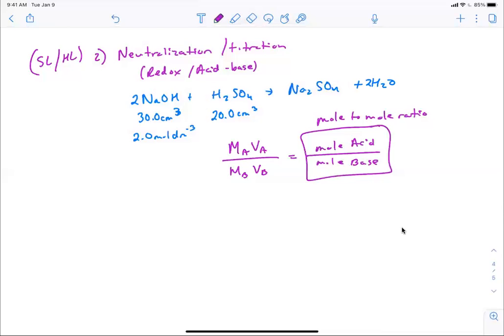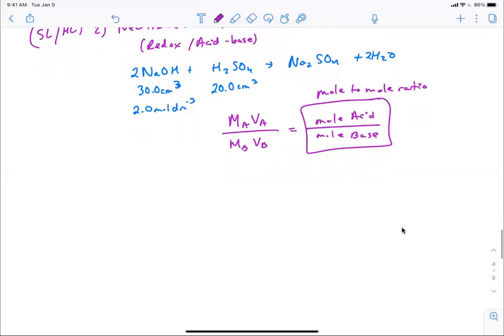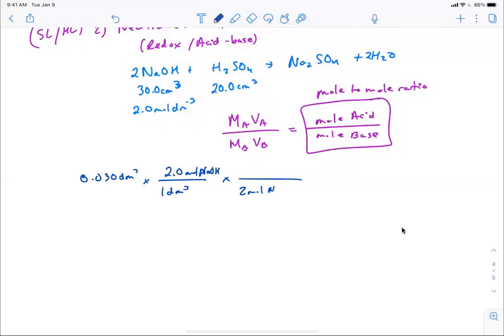But if you like to do factor label, then you would do that. You could very well do 0.030 decimeters cubed times 1 decimeter cubed is 2.0 moles of NaOH. And then 2 moles of NaOH is 1 mole of H2SO4.